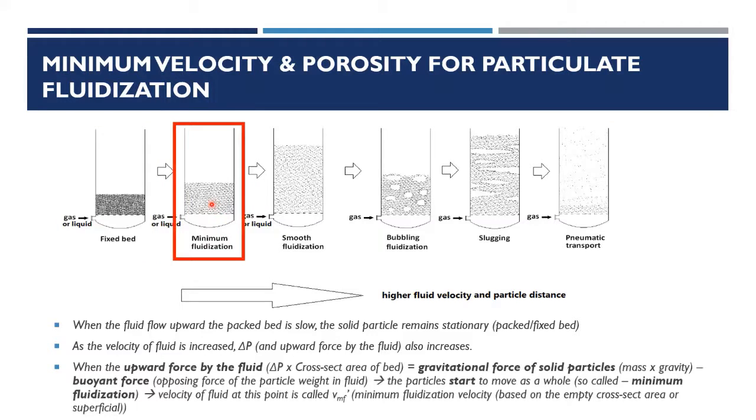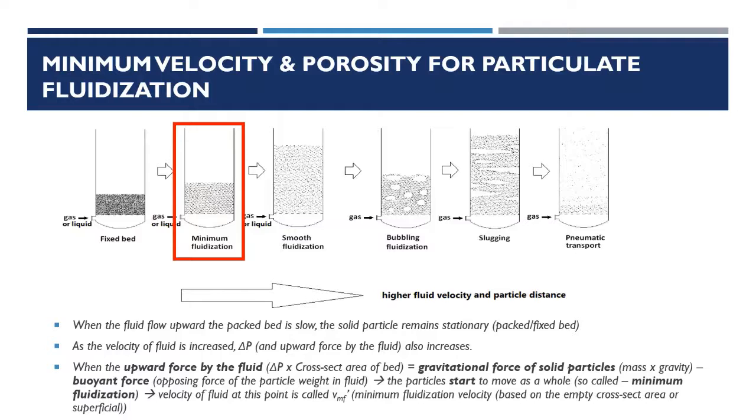Now when the upward force by the fluid, which can be expressed as delta P times the cross-sectional area of the bed, equals the gravitational force of the solid particles minus the buoyant force, the particles will start to move as a whole, and this condition we call minimum fluidization.